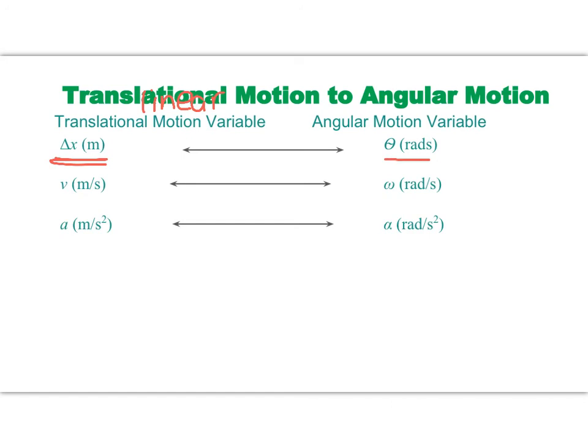Now we're going to have theta, which is in radians, okay? Instead of velocity, we have this omega symbol, which is radians per second, and for acceleration, we have this alpha symbol, which is radians per second squared. So really we're just replacing our meters with radians.